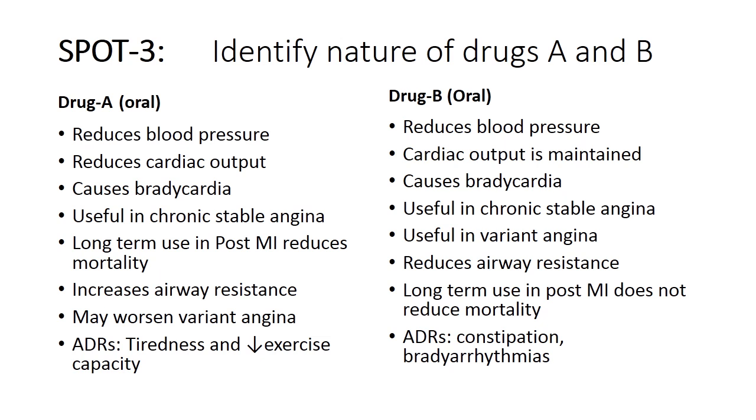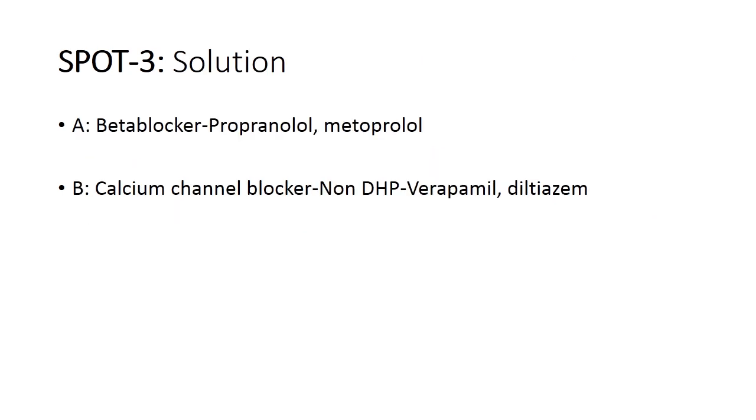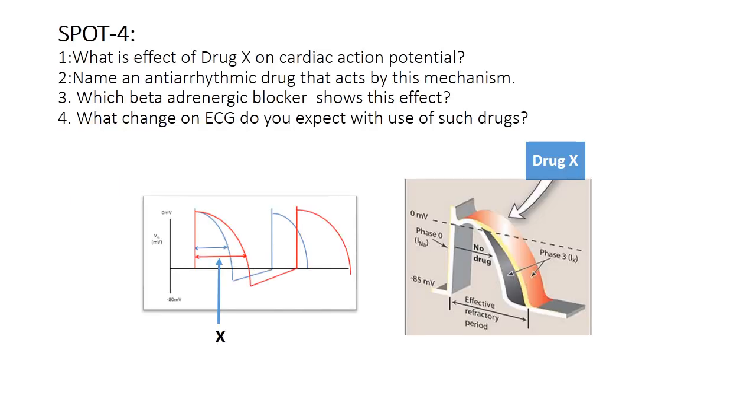So it doesn't cause asthmatic attacks as compared to drug A. Long-term use post-MI does not reduce mortality, and the common ADRs are constipation and SA and AV nodal bradyarrhythmias. So looking at these two profiles, A appears to be a beta blocker, perhaps propranolol, and B appears to be a calcium channel blocker which doesn't cause tachycardia. So it is a non-dihydropyridine derivative, mostly verapamil or diltiazem.